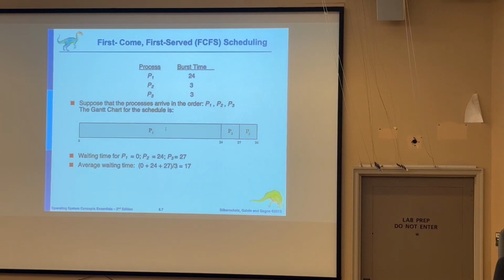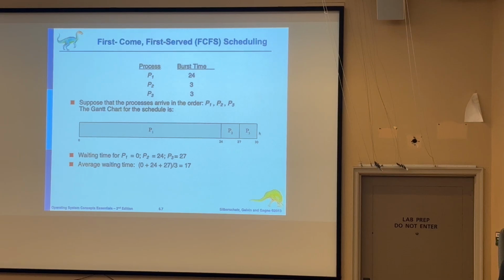Okay, in this example, first come, first serve scheduling will serve P1 first, P2 second, and P3 last because they arrived in this order. But the waiting time, obviously, for P2 and P3 is very bad in this case. So the average waiting time will be 17, which is not a very good number.